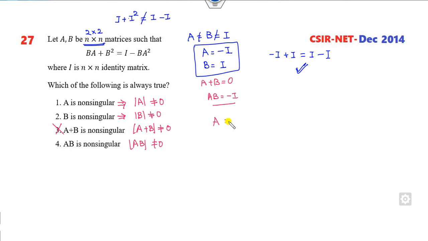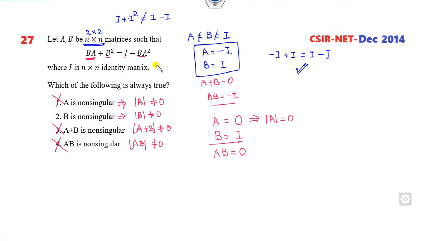Now look at another pair. If I consider A as 0, B as say I. So this value will be 0, this value will be I, this is I, this is 0, again satisfied. What is the determinant of this matrix? 0. So this option is cancelled out. What is my AB? AB is also 0. So this option is also cancelled out.